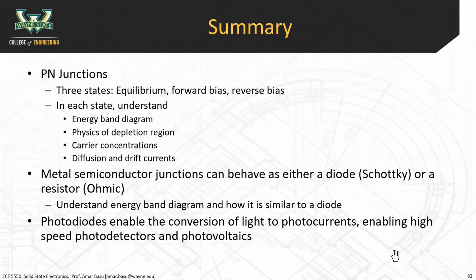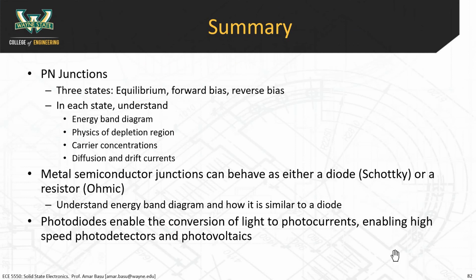All right. So to summarize this chapter, we've talked about PN junctions, the equilibrium, forward and reverse bias. We talked about the physics, energy band diagrams, carrier behavior in each one of those cases. Then we talked about metal semiconductor junctions, which can behave either as a Schottky diode or an ohmic contact. And then we just touched at the end on photodiodes, which I think is probably one of the most interesting applications of diodes right now.